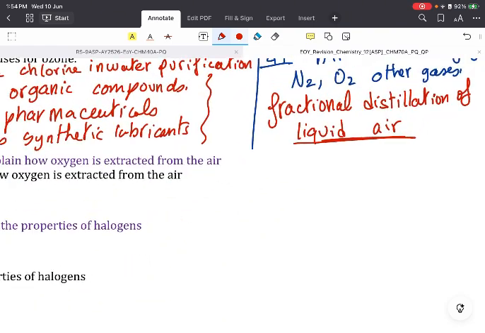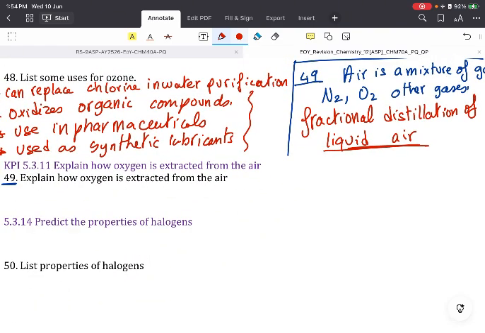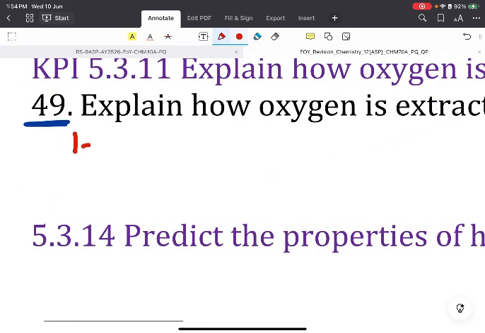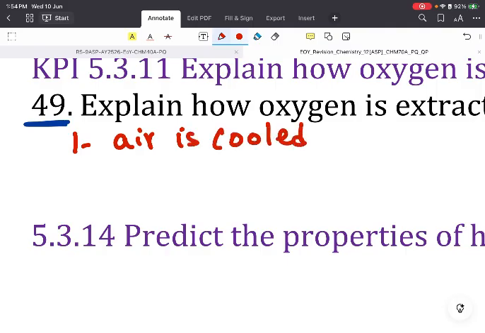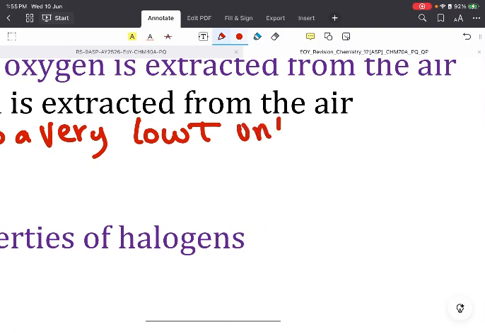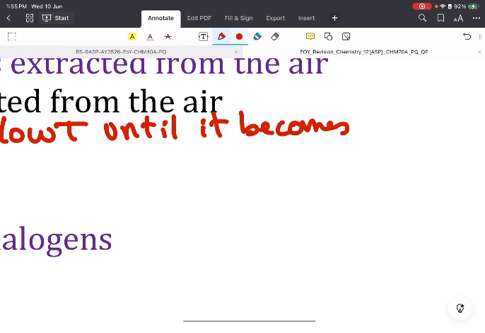So what happens in order to get the oxygen? First of all, the air is cooled. Step number 1: air is cooled to a very low temperature until it becomes a liquid.